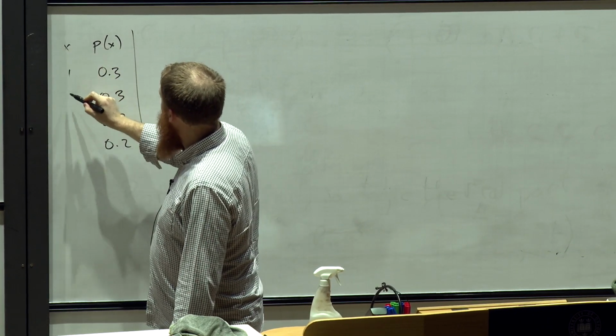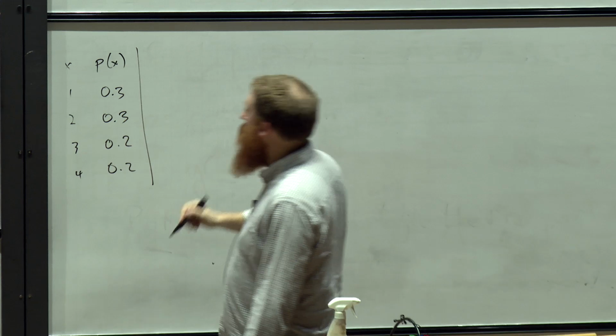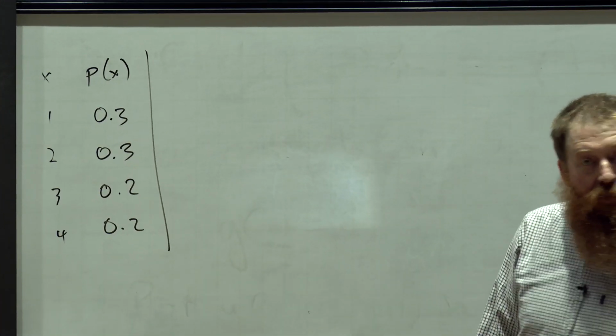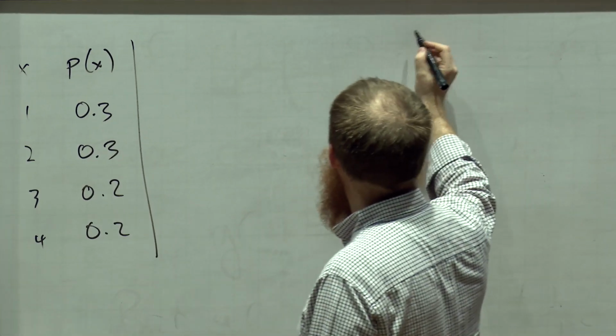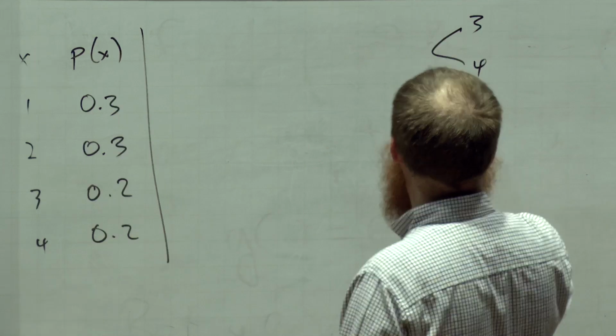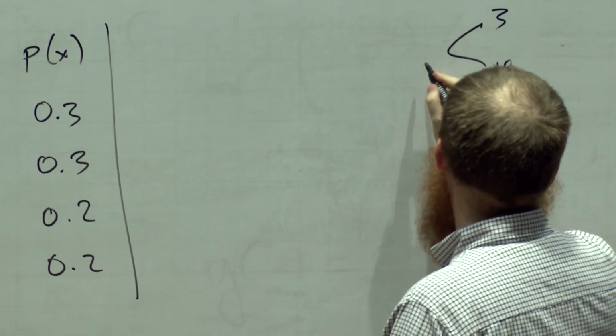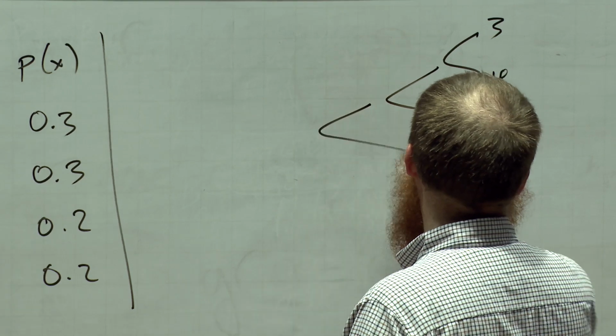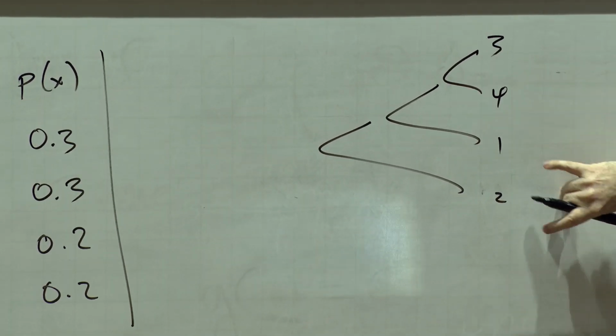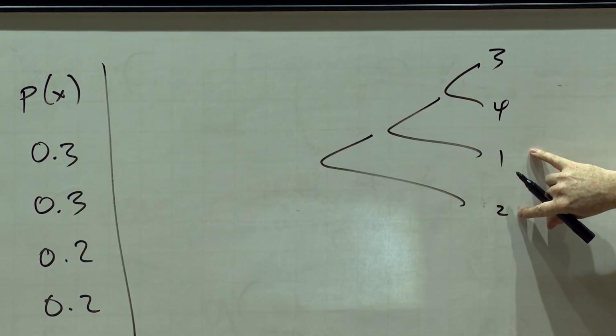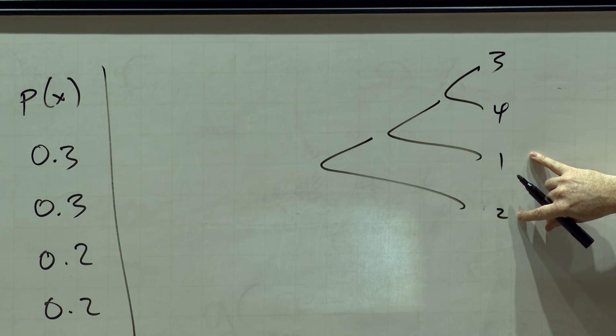So X, 1, 2, 3, 4. So what would the Huffman algorithm do? Well, you go 3, 4, join them together, and then you join in, I don't know, 1, and then you join in 2. And I could choose to do the 1 and the 2 in the other order, but otherwise all the Huffman codes will look like this.